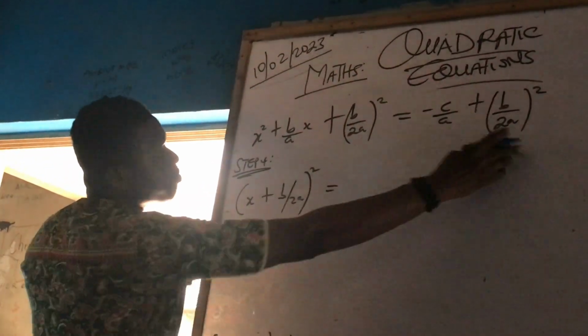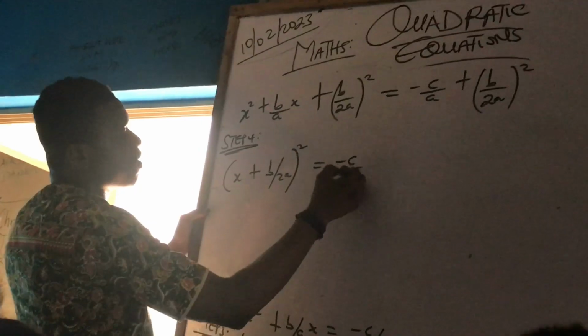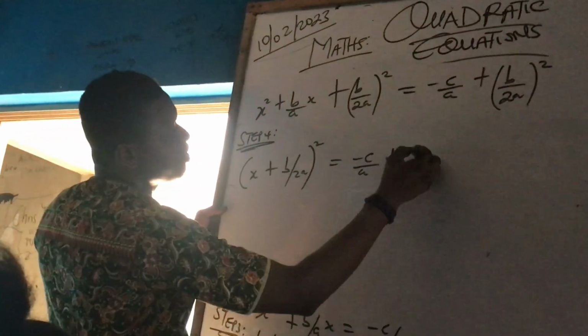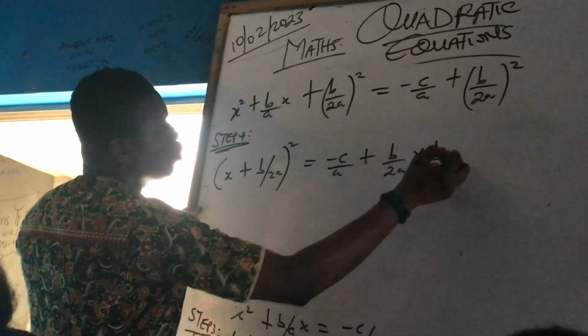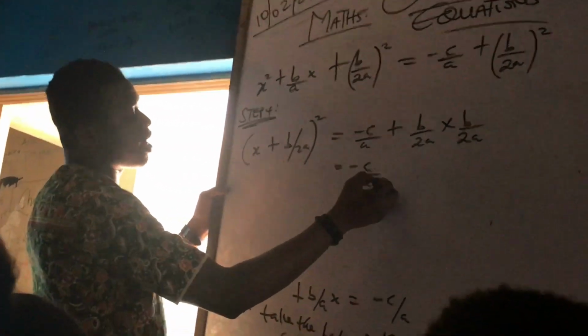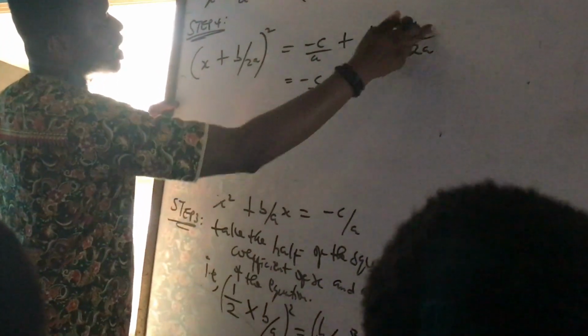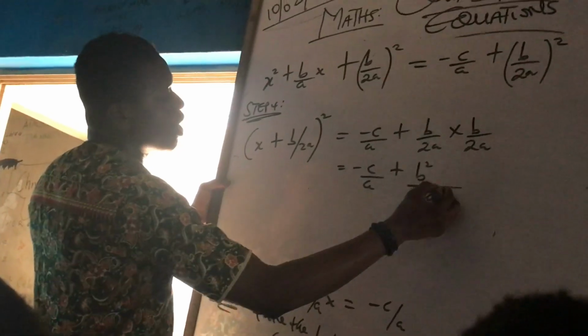Then we expand and simplify. So this is minus c/a plus, let's expand this to be b/2a times another b/2a. So this will be minus c/a plus b squared over 2a times 2a, 4a squared.